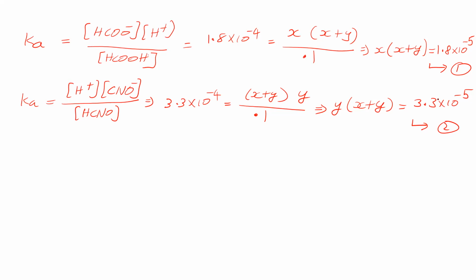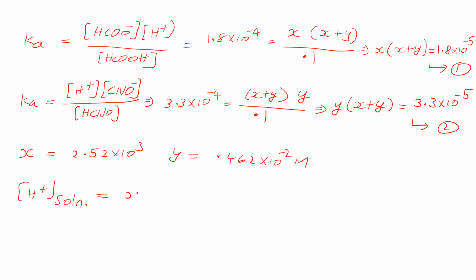By solving them, we get X as 2.52 into 10 to the power of minus 3, and Y as 0.462 into 10 to the power of minus 2 molar. We got the X and Y values by simplifying expressions 1 and 2. Now we have to find the H plus concentration in the resulting solution.